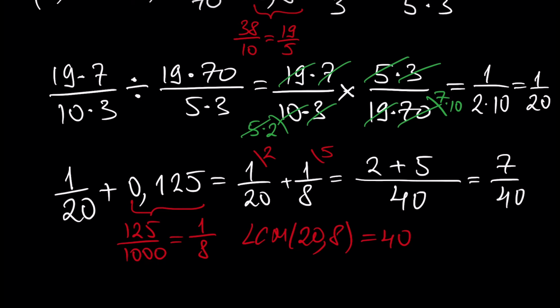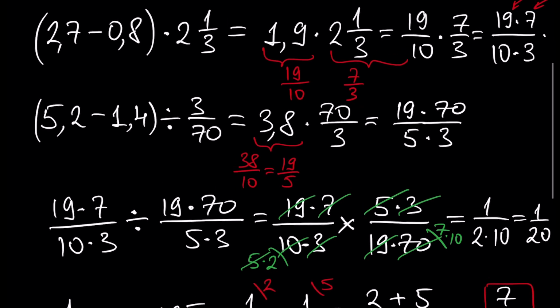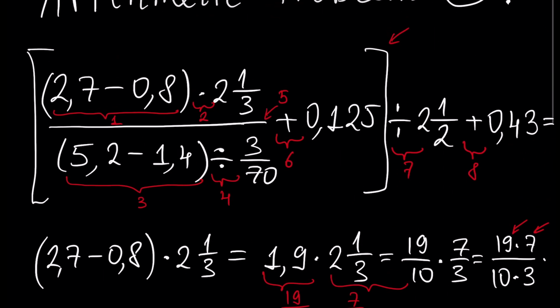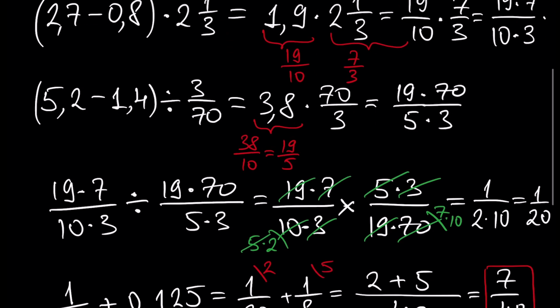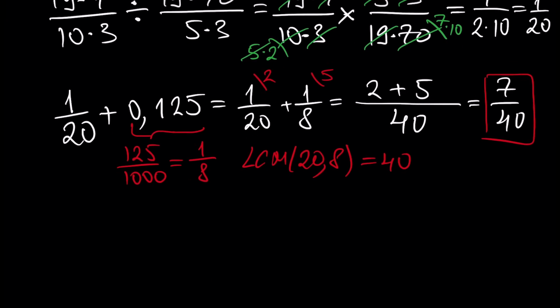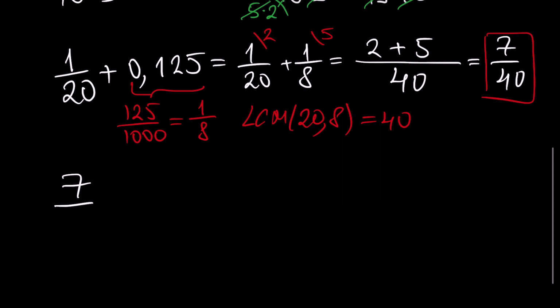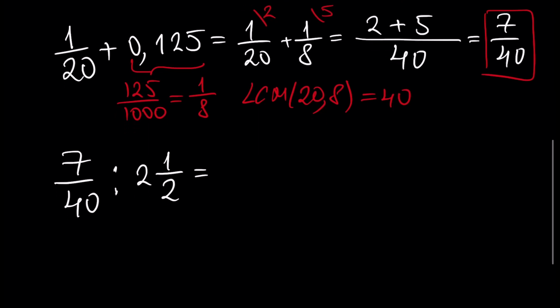And 7 over 40, what is 7 over 40? This is what is inside our big braces. And next we perform operation number 7. So we take our 7/40 and divide it by 2 and 1/2. 2 and 1/2 is equal to 2 times 2 plus 1, 5/2.